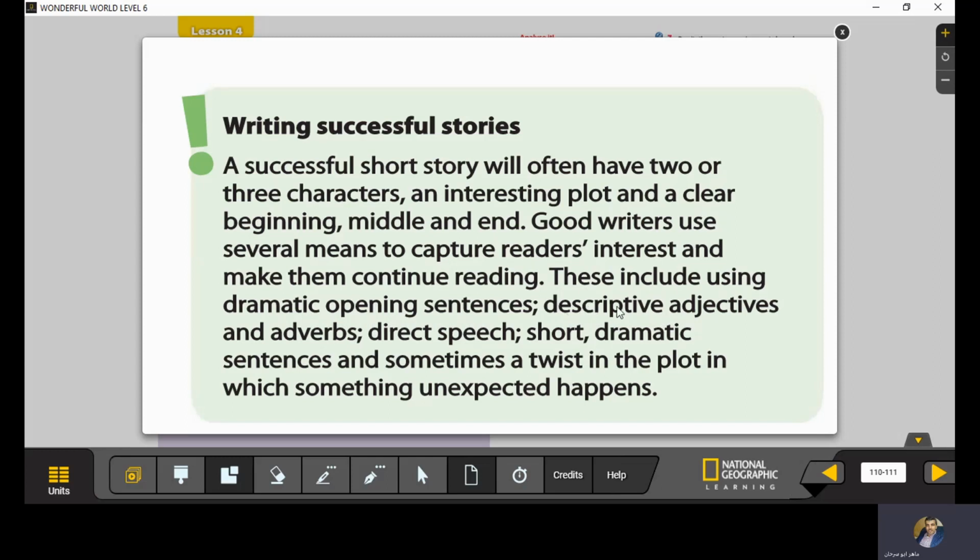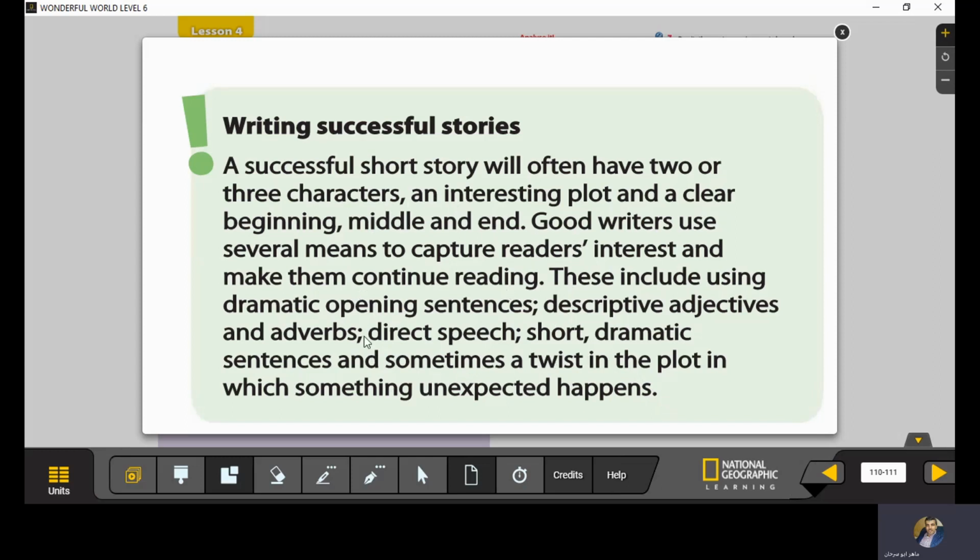We use an adjective which comes before the noun to describe it, or an adverb. Direct speech, when we use our direct speech between quotation marks, right? Short dramatic sentences. And sometimes a twist in the plot in which something unexpected happens. Okay? So these are the means that we need.